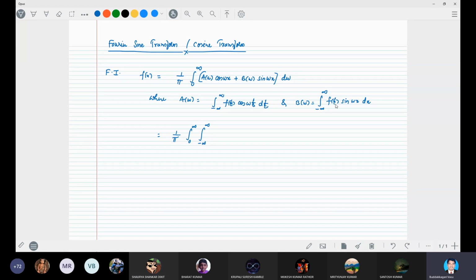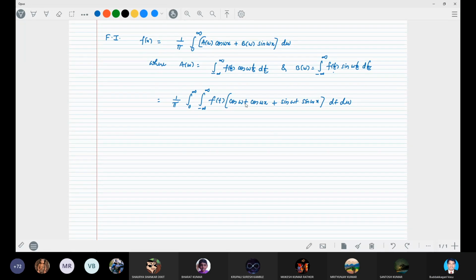So f(t) [cos(omega t) cos(omega x) plus sin(omega t) sin(omega x)] dt d omega, that is cos(omega (t minus x)) dt d omega, right? Like this we can write it.